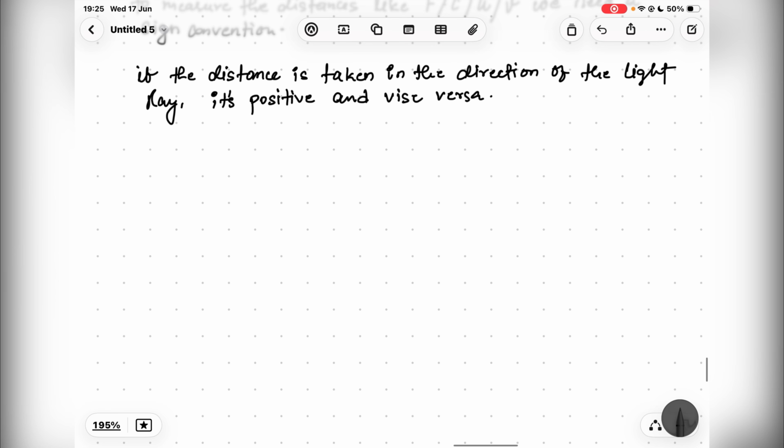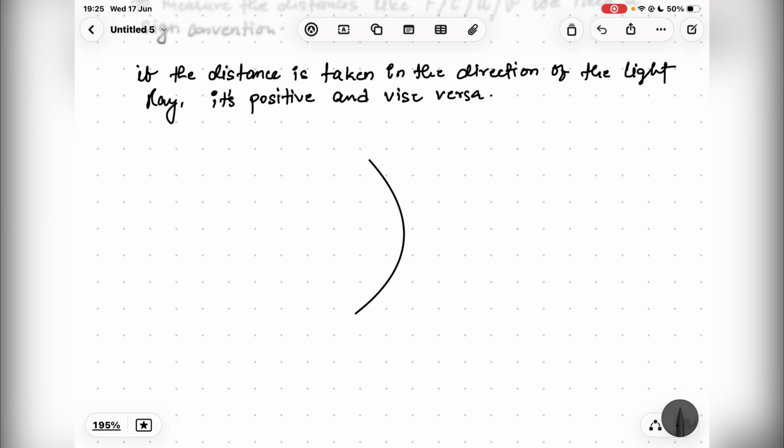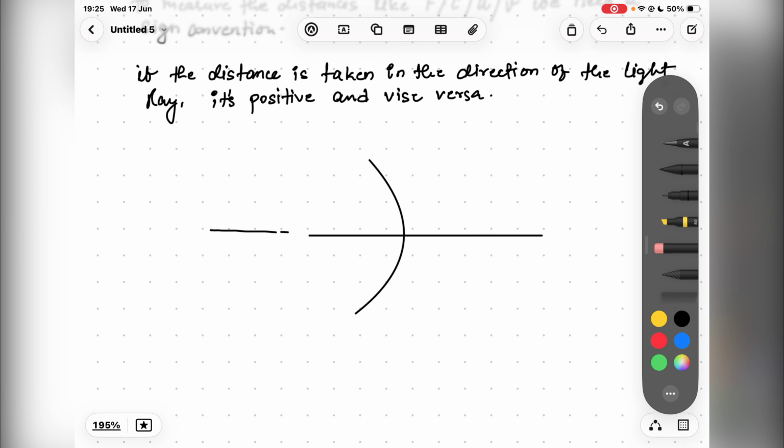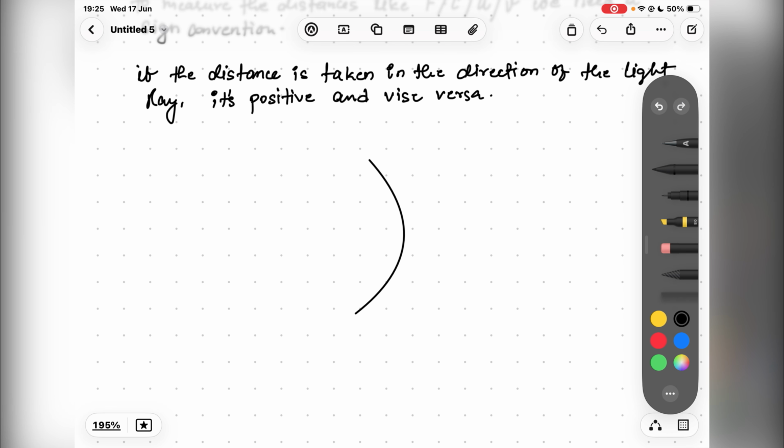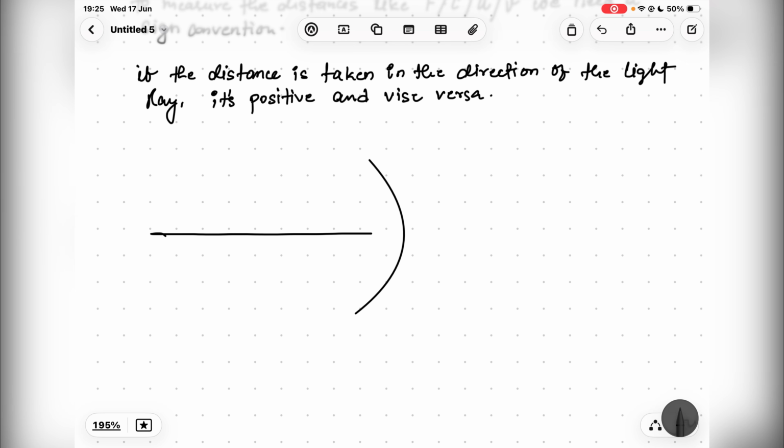Or you can say, let's draw a mirror. We drew a mirror. This is our principal axis. So we have our principal axis.